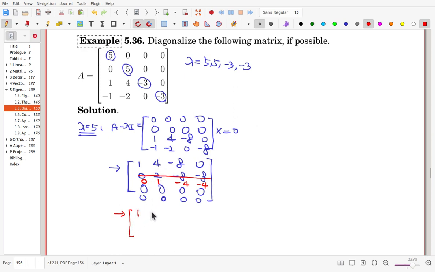Then 1, 0, and 4 times subtracted means 16 is added, so it is 8, and 16 again. Now the second row is 0, 1, -4, -4, and then 2 zero rows.